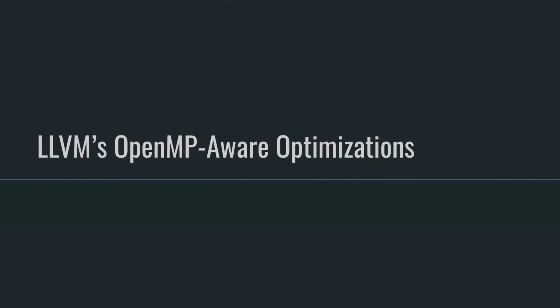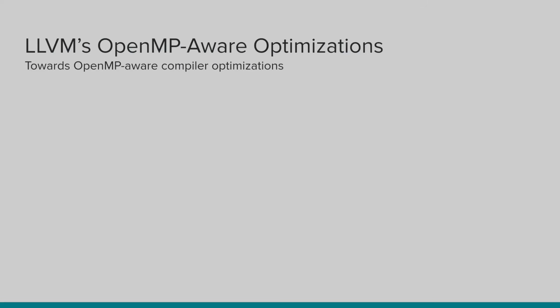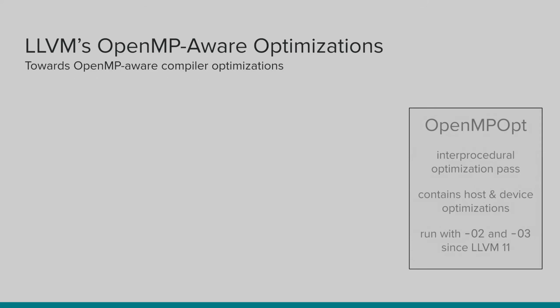But we have also started to add OpenMP aware optimizations into the compiler, in this case LLVM. So what we really want is an OpenMP aware compiler. In the long run, we want a parallelism aware compiler, but OpenMP is a good first step, and then we generalize from there.